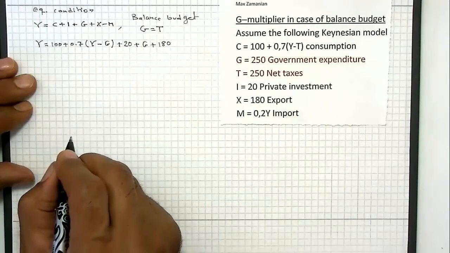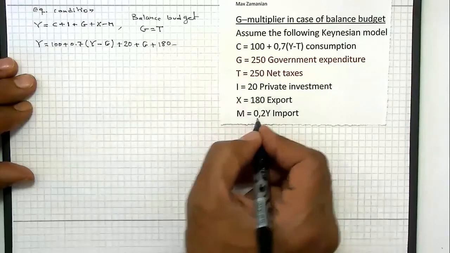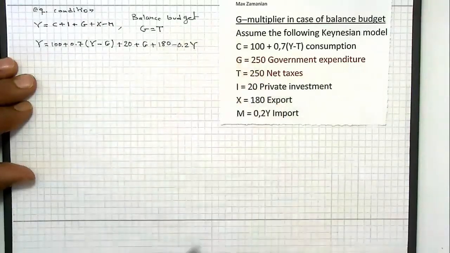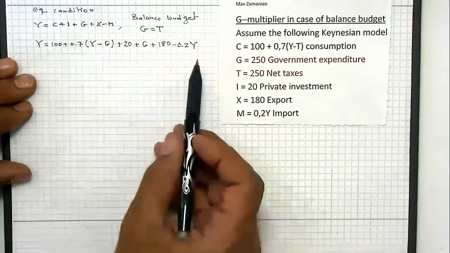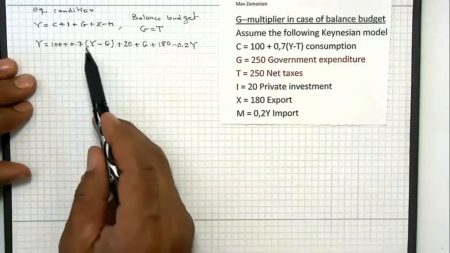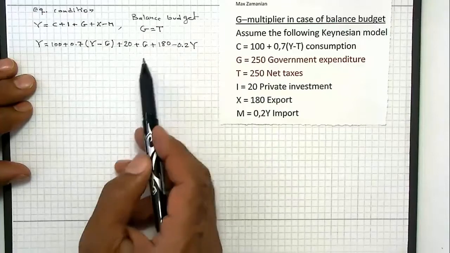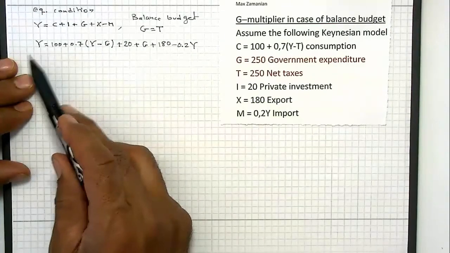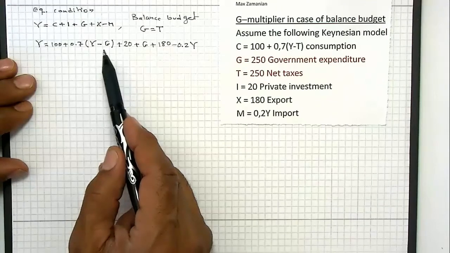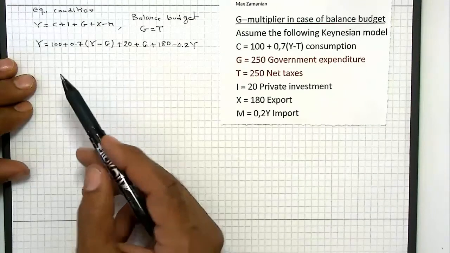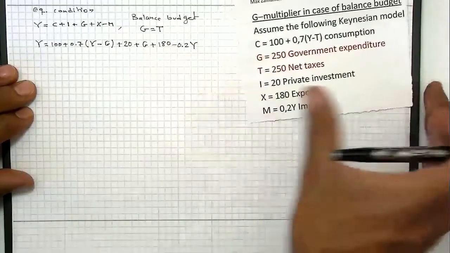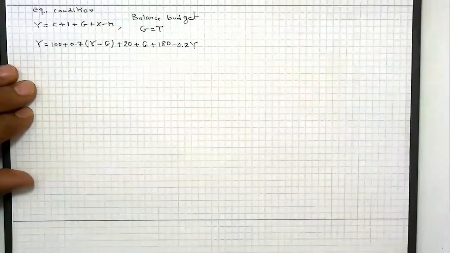And then minus import, which is 0.2y. So you see that this equation includes y and g. We are going to write y as a function of g. Then we can derive our multiplier.